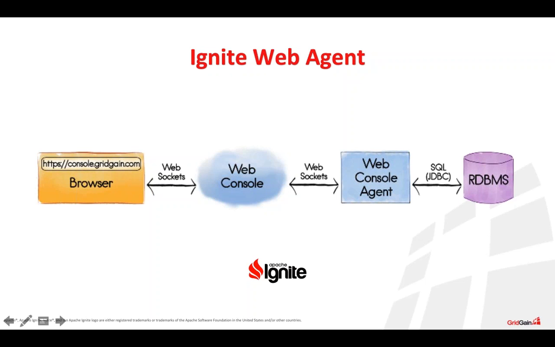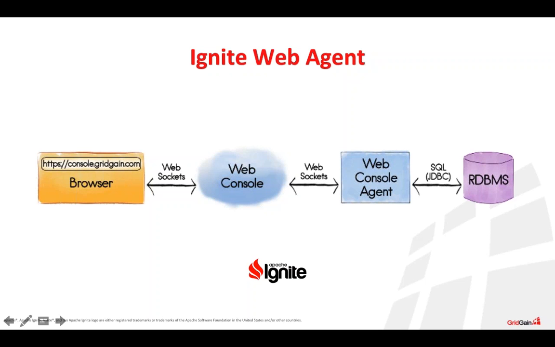Web Console communicates with your browser over a WebSocket interface. After that, every request that is received from your browser, Web Console redirects to a special application called Web Console Agent. It's a Java application that is deployed in between your Web Console and your database or your Apache Ignite cluster, which is not shown in this picture, but it should be to the right as well.